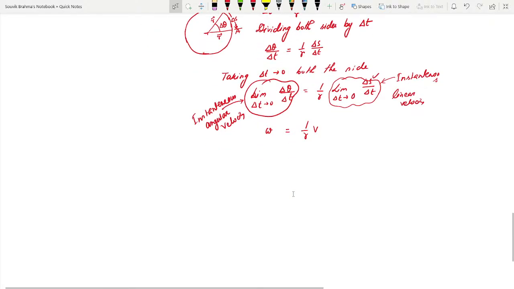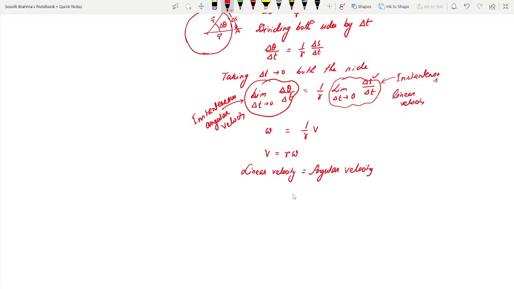Okay, therefore v is equal to r omega. So what I can say, linear velocity is equal to angular velocity into radius, or you can write radius into angular velocity.